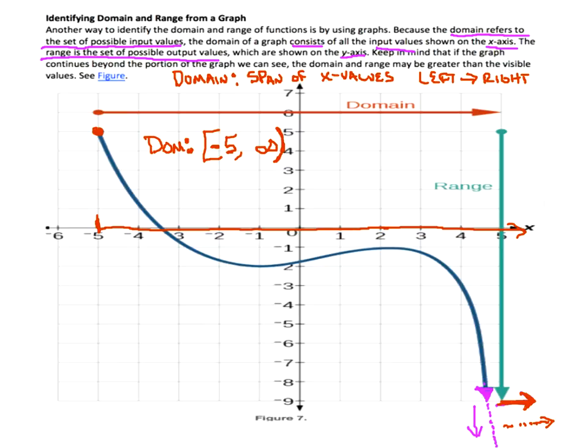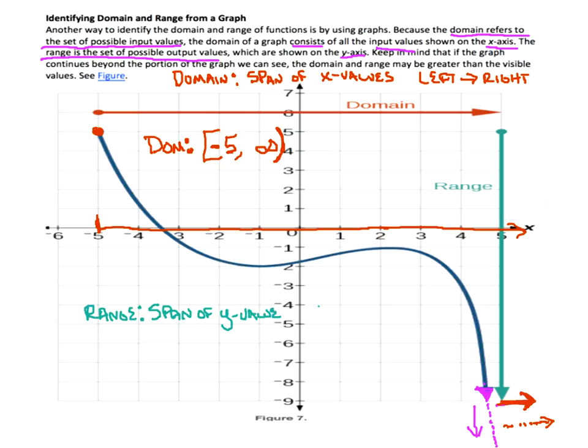Very good. Now, range is a little trickier because you've got to flip your thinking entirely. Now, let me see if I can match that color pretty well. About right here. Okay. So now we're going to talk about the range. The range is the span of y values.